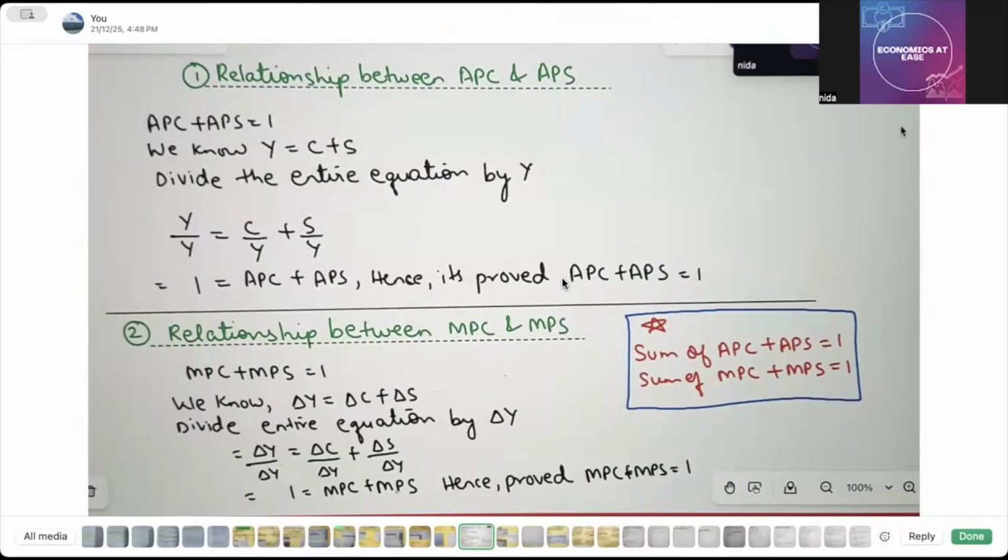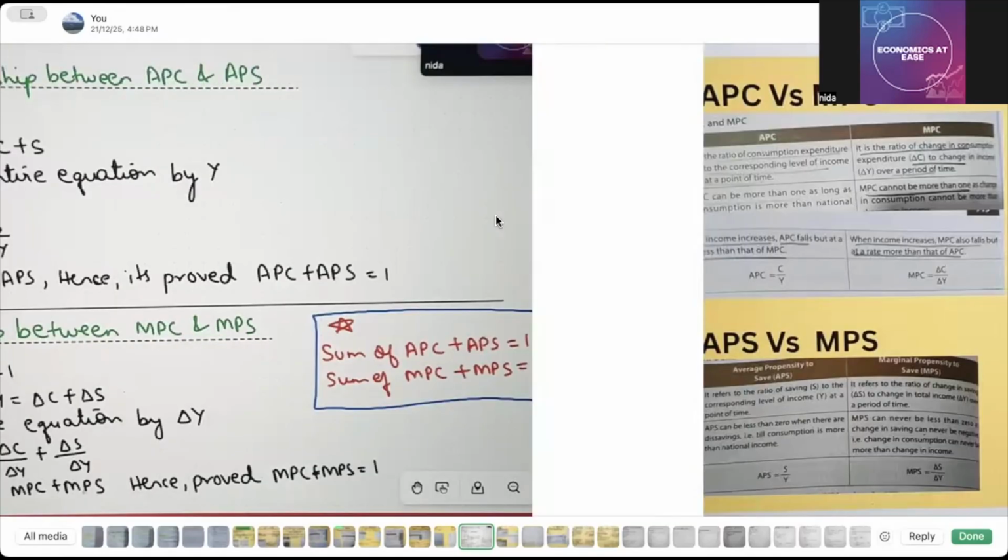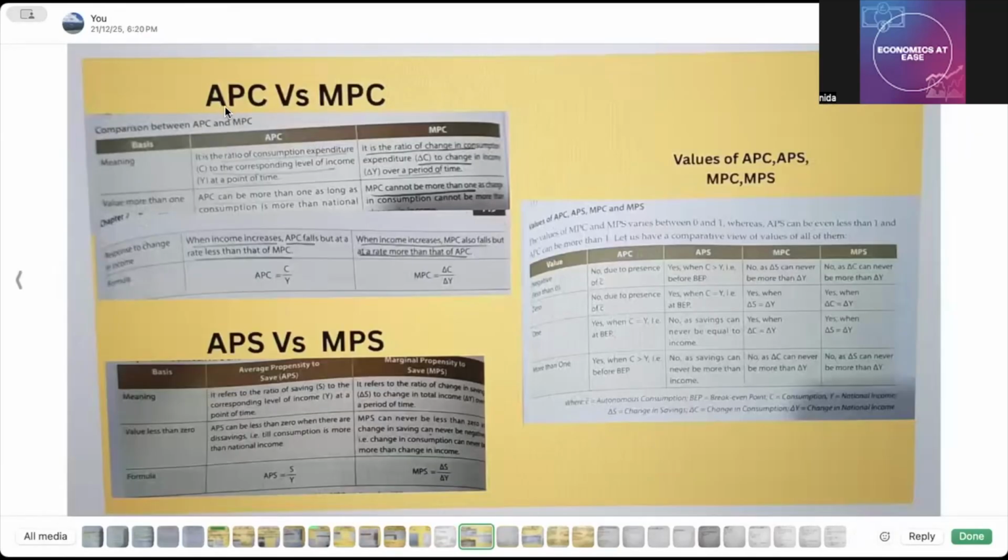It's very important and can come in MCQs also: the sum of APC and APS equals 1, and the sum of MPC and MPS equals 1. We have given you the explanation in the previous video. The difference between APC and MPC, and APS and MPS, were already discussed, and values are also given.